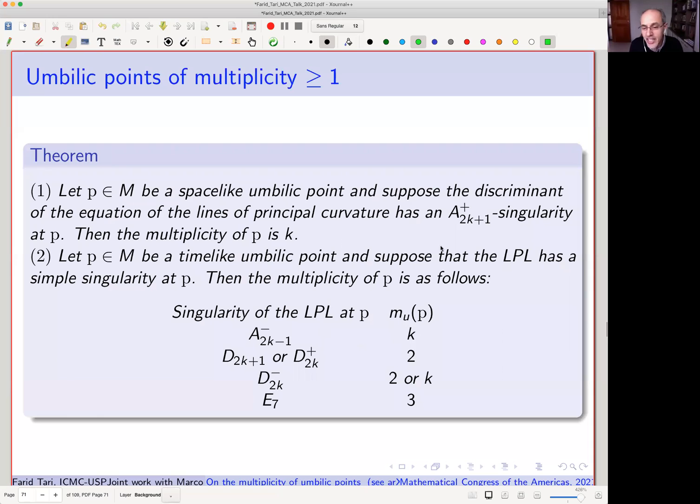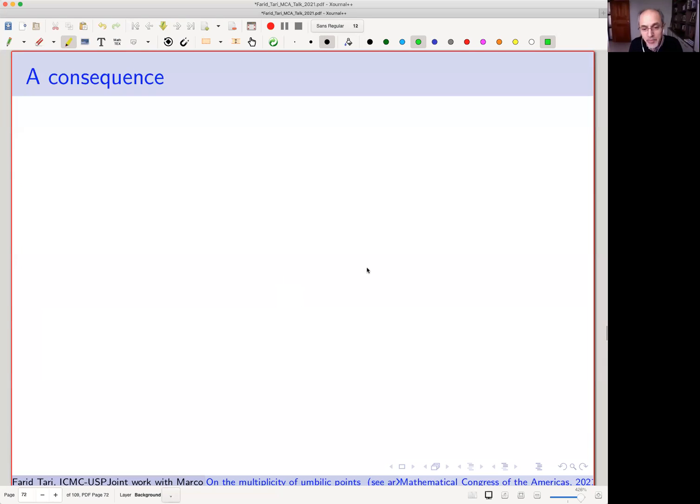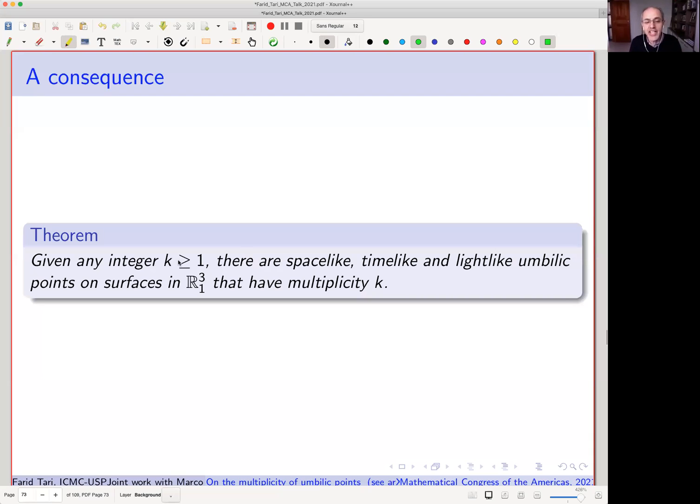We can construct any type of the singularities that I put here, which means that if you give me any k, I can give you a surface with an umbilic point. You can choose what type of umbilic point, and it has multiplicity k.